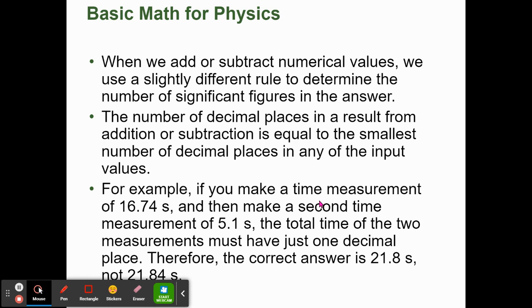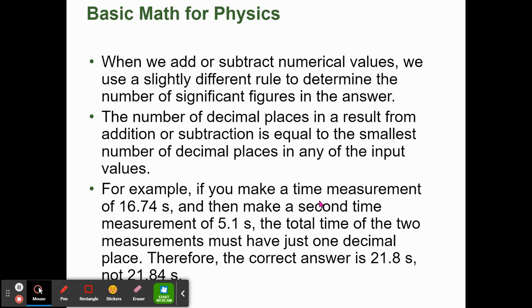The one with the... Not for multiplying and dividing. The least number of significant figures. Okay? So when we multiply and divide numbers or measurements, our answer can only have as many significant figures as the least number of significant figures in the problem.